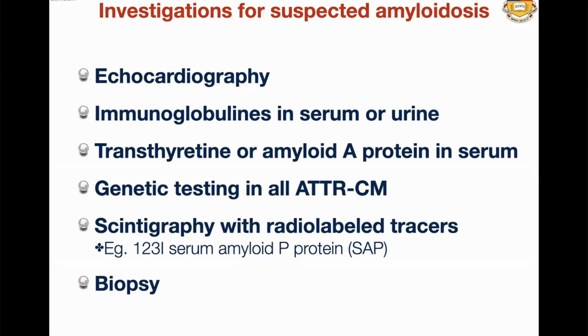Genetic testing for the hereditary form of ATTR, and scintigraphy with radio-labeled tracers or the SAP scan, which detects mostly the peripheral amyloid deposition, but does not visualize the heart easily, and eventually cardiac biopsy to rule out or to confirm the diagnosis.